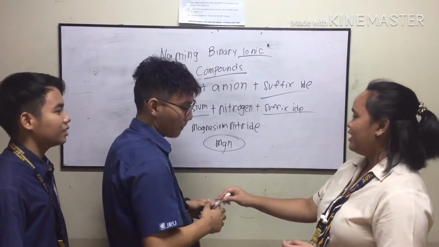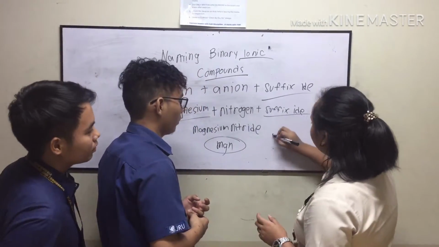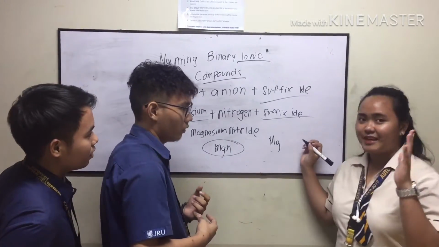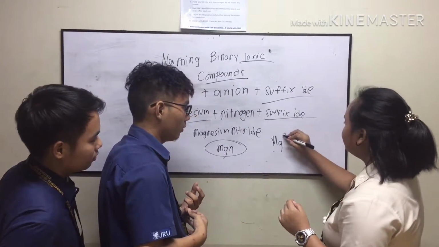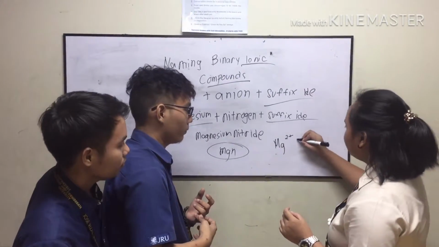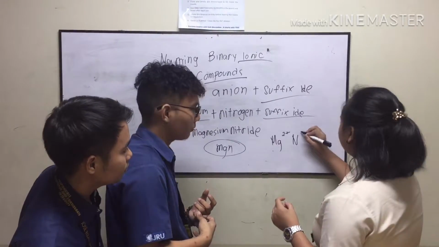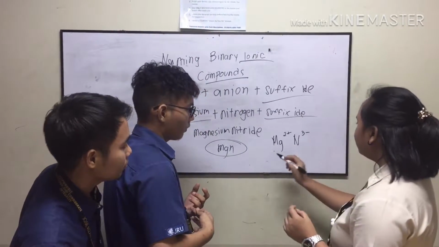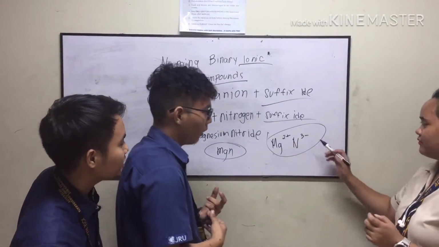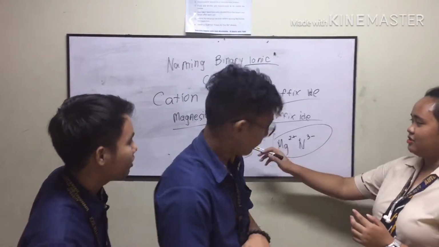Magnesium has an oxidation number of positive 2. Nitrogen has an oxidation number of -3. That's the formula of magnesium nitride.